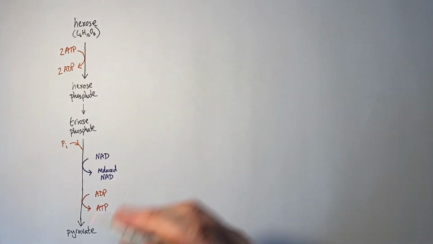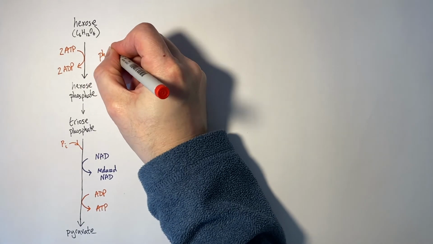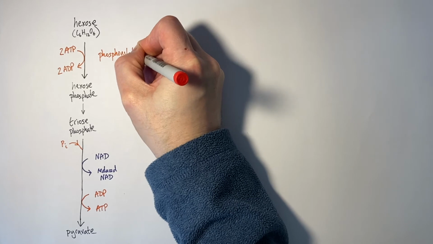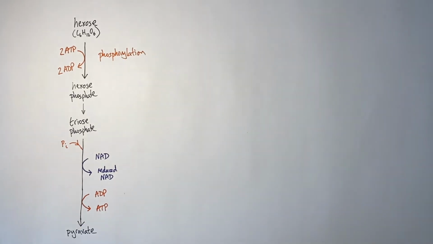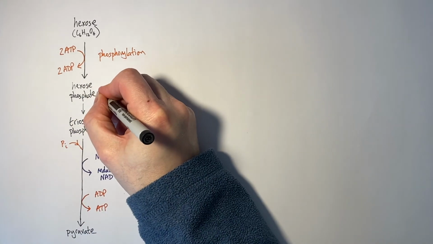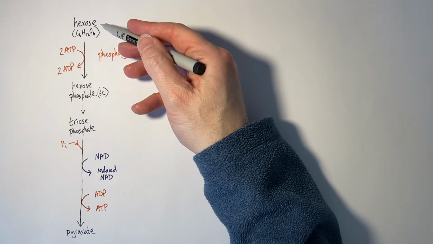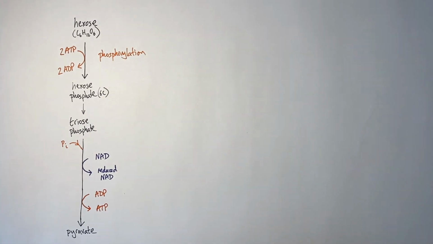So we call that reaction a phosphorylation. Hexose is being phosphorylated. Hexose phosphate is produced. And I'm going to put here the number of carbon atoms in that molecule. Still 6. We know there's 6 here and there's 6 there.